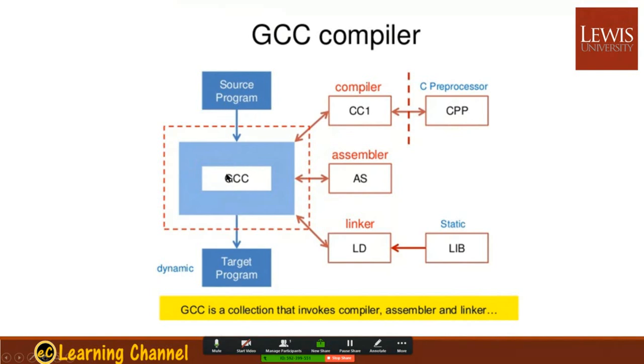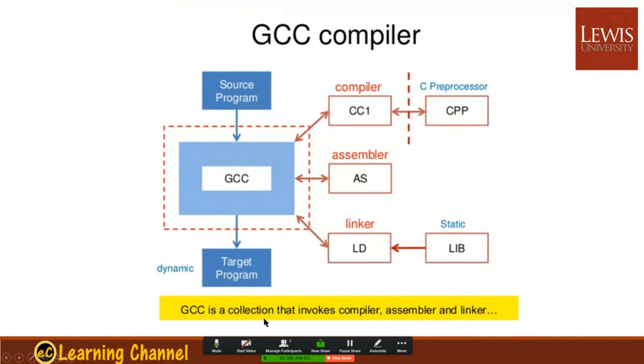Your source code goes into this GCC, and then we have an assembler to assemble it, and then a linker and static libraries, and then you get a target program, and some of the dynamic link libraries will be handled at runtime. So at the compiler stage, we have something like this.